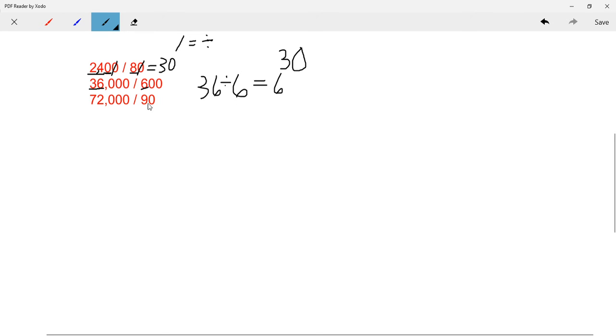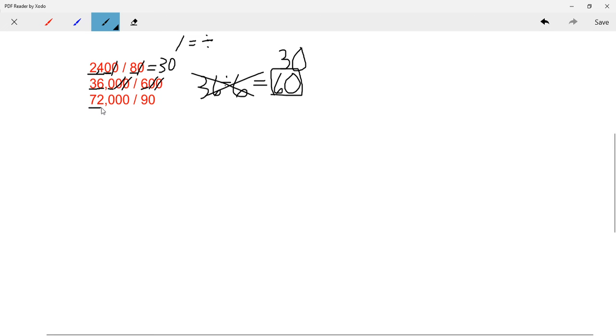And then we see there are 2 zeros here, so we have to cross out 2 zeros in this number. And we have 1 zero. So the answer is going to be 60. Obviously not to this question, but to 36,000 divided by 600.